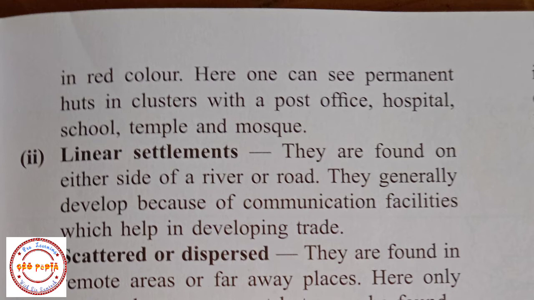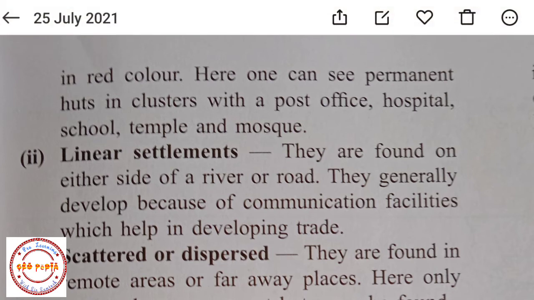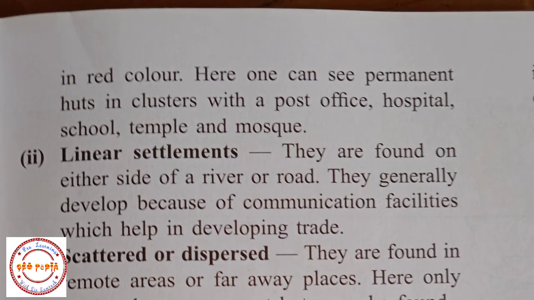Cluster means in Hindi झुंड. So people build their houses around some important feature, like a big factory, a hospital, a temple, a mosque, a post office, or a market. People live around that important feature and they live in clusters. That type of settlement is known as nucleated settlement or clustered settlement.